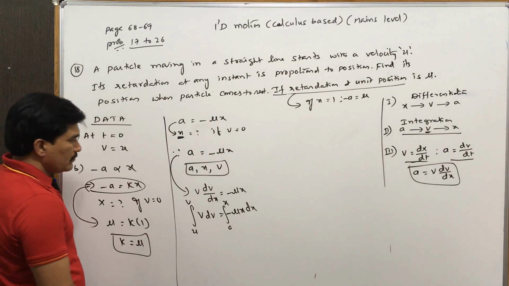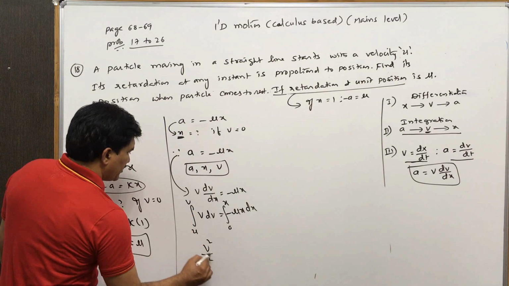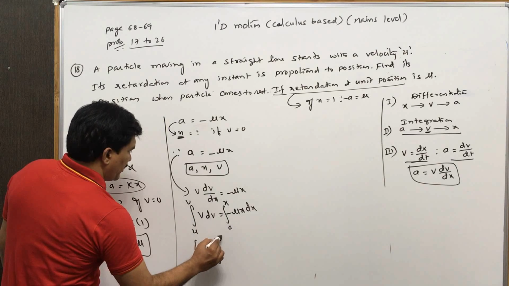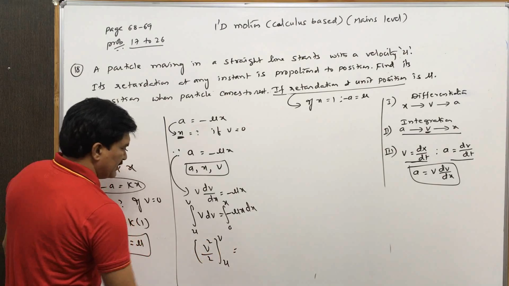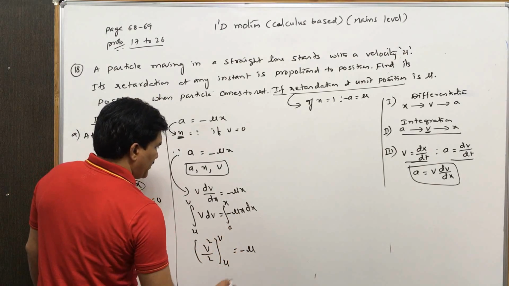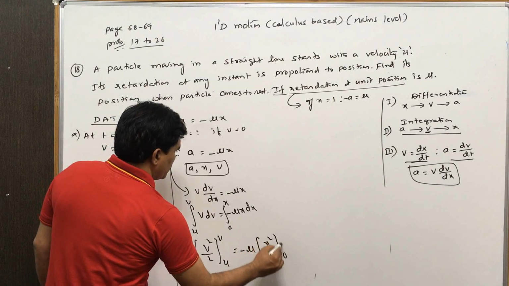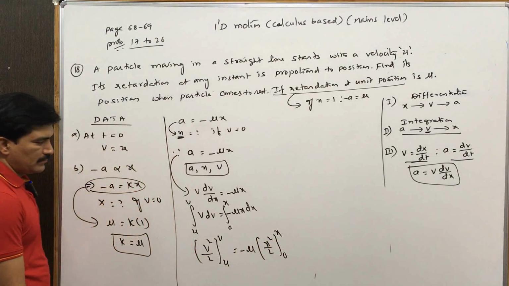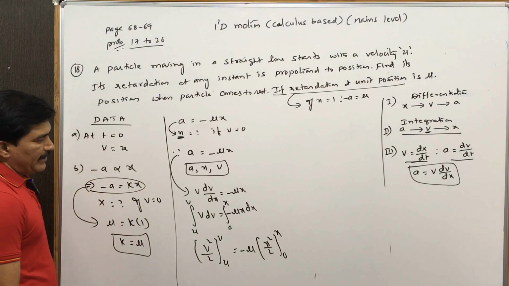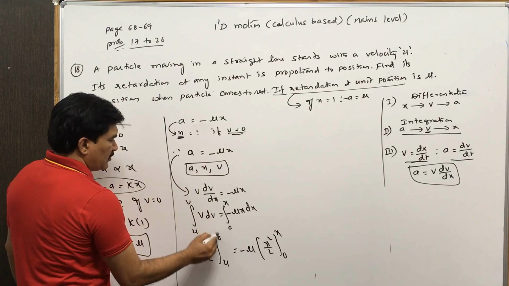Then integration leads to, for v, integration is v square by 2 from v to u is equal to mu, a constant that can be taken out, for x, x square by 2 from 0 to x. Okay? And he is mentioning that final velocity is 0, means this is equal to 0.